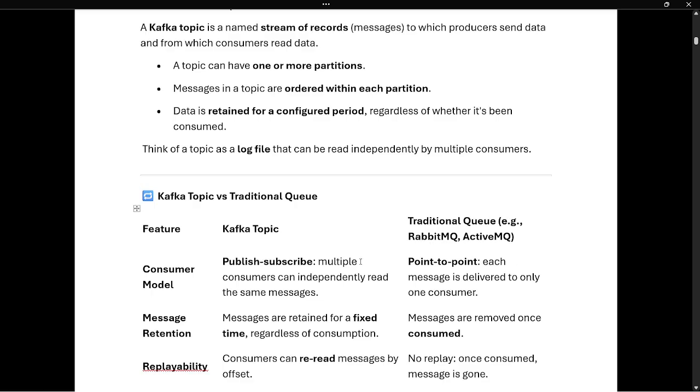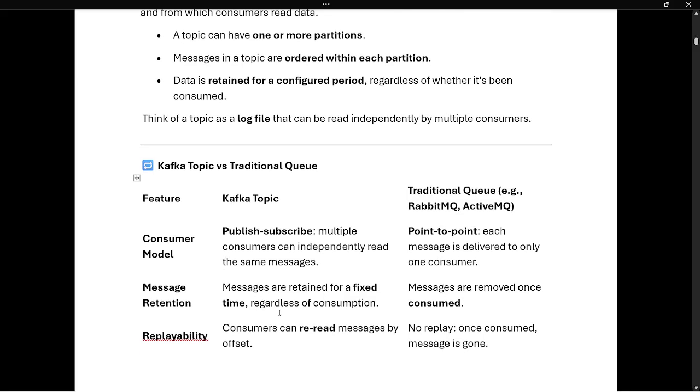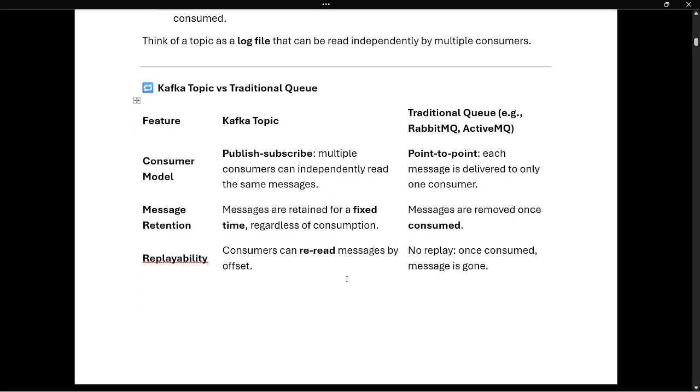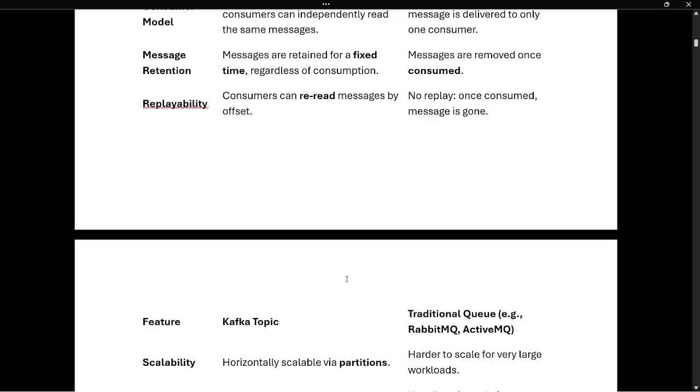Then message retention: in Kafka, messages are retained for a fixed time regardless of consumption, whereas in older systems like RabbitMQ and ActiveMQ, messages are removed once consumed. For replayability, in Kafka a consumer can reread messages by offset. In a traditional queue there is no replay; once consumed, the message is gone. So these are the differences.